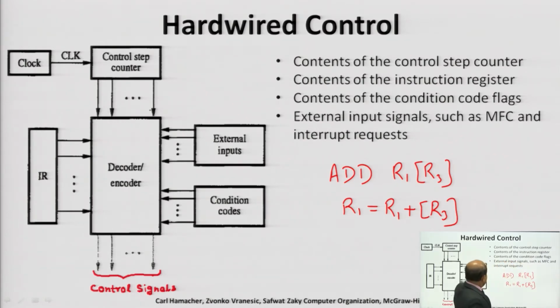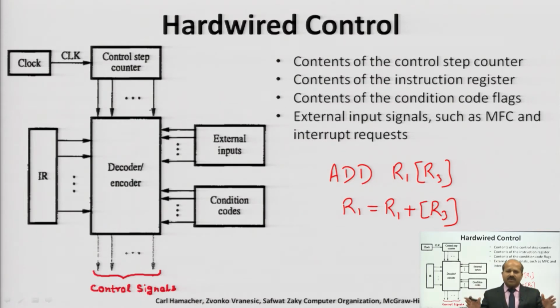These two inputs are also important: external inputs, such as external interrupts or any other inputs, are provided through these, and some conditions are to be checked that are also handled by these condition codes. Based on these inputs, the encoder and decoder circuit will issue the control signals.